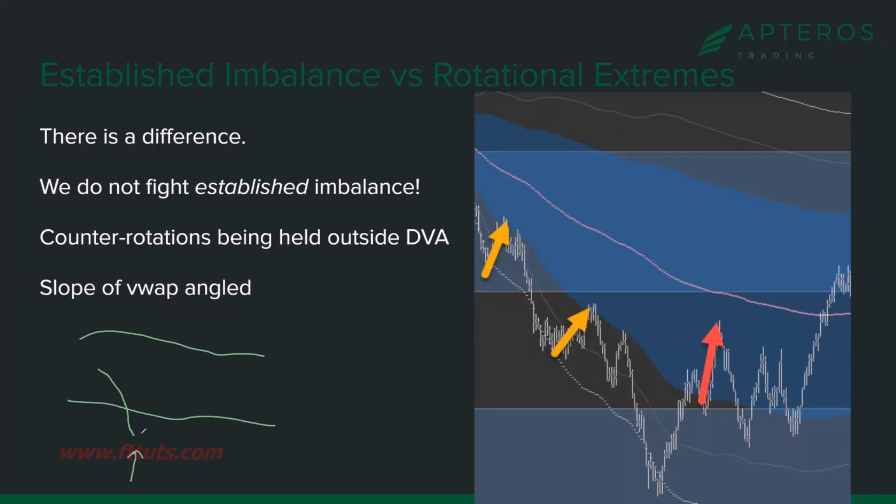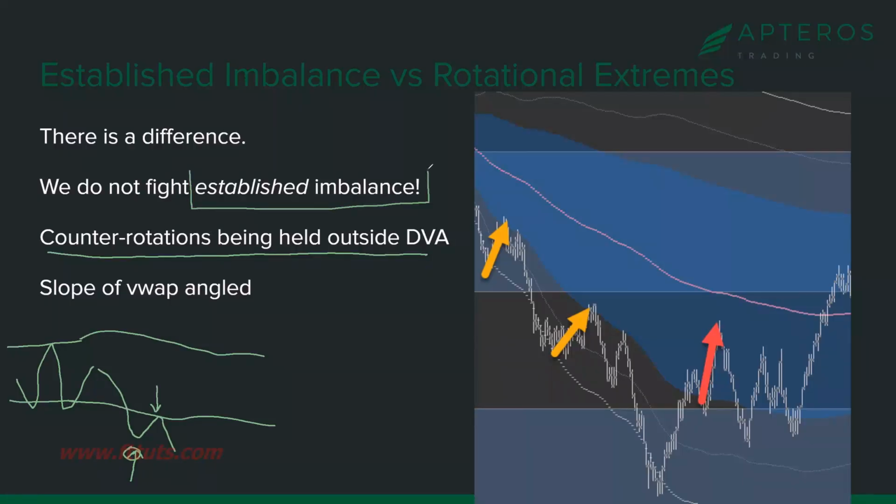But once we get an established imbalance, that is, counter rotations are being held outside of DVA. So this rotation comes up, maybe we're already long here because nothing has happened yet to change us from perhaps the rotational state we've been in. But if we see this hold and the market does this, we are now in an established imbalance down in this case.